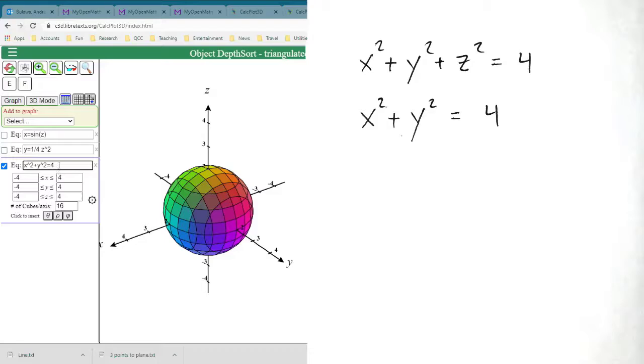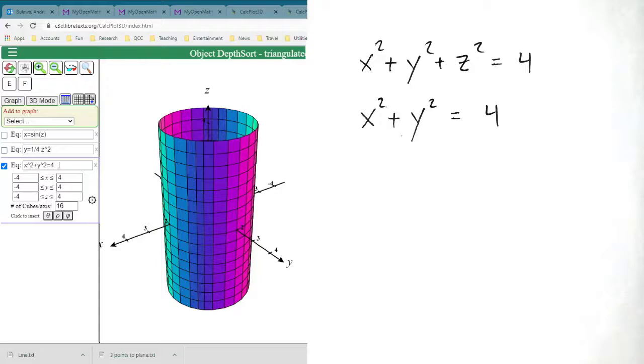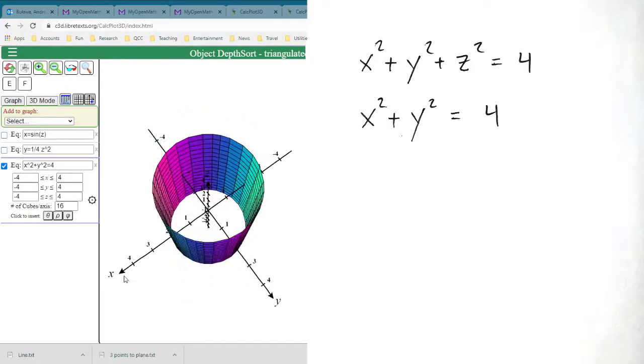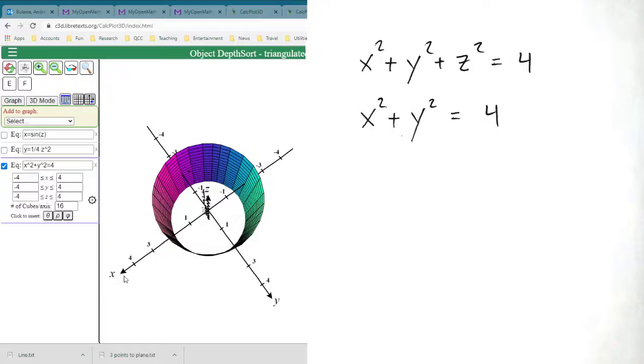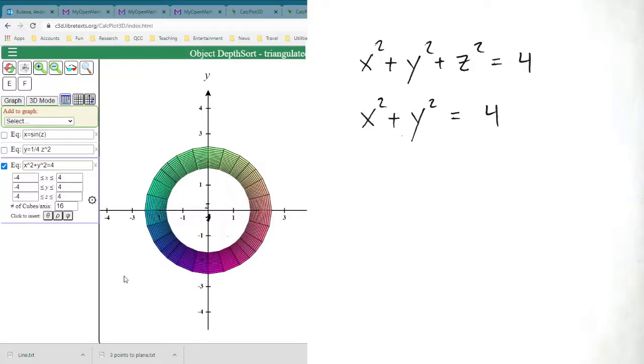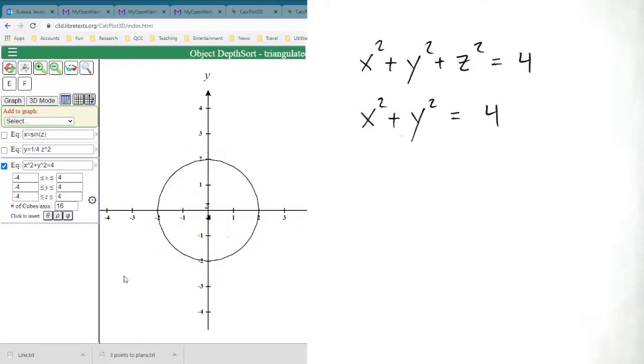Okay, did you figure it out? Well, this is what it becomes. It becomes this shape. And if you look down into the xy plane, if I push this button here and turn off perspective, you can see that it is a circle of radius 2. This is looking directly down the z-axis into the xy plane.